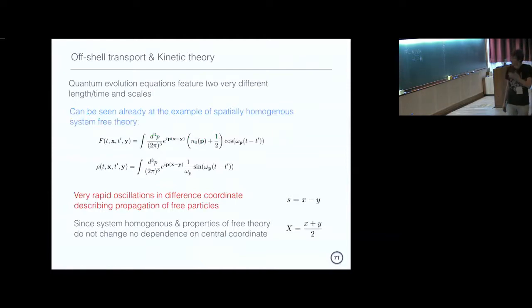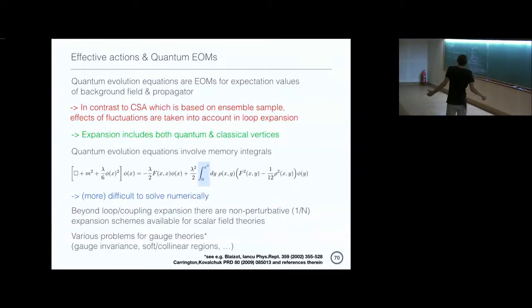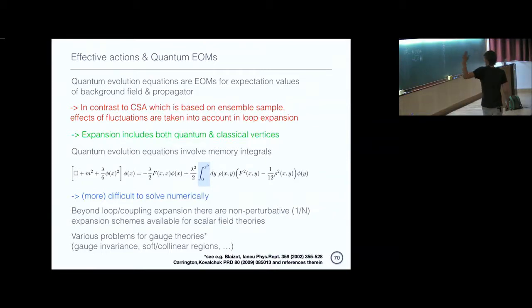There is now a way to get from these very nasty looking and complicated things to much simpler things like we may be familiar with, like kinetic theory. And this is the real reason for going through this: I find this a relatively systematic approach to derive kinetic equations in quantum field theory.